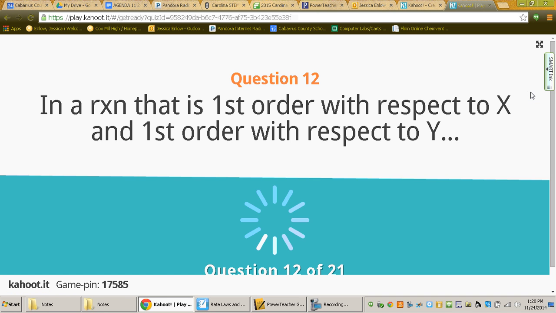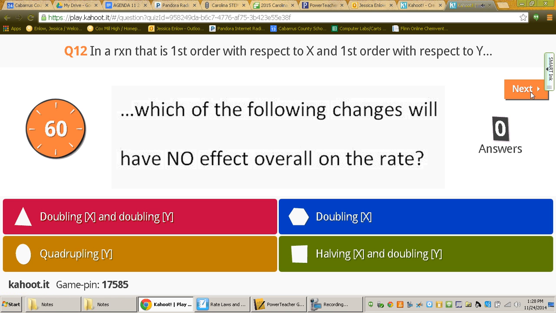In a reaction that is first order with respect to X and first order with respect to Y, which of the following changes will have no effect on the overall rate? Right, you have like 3 seconds.